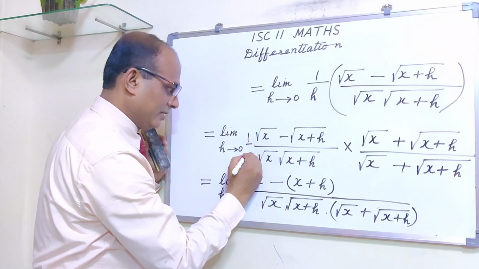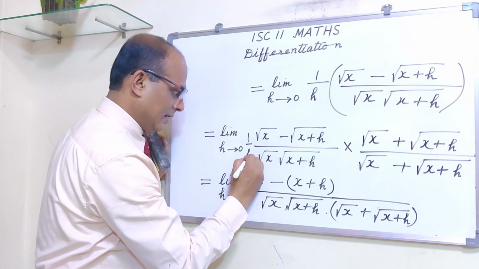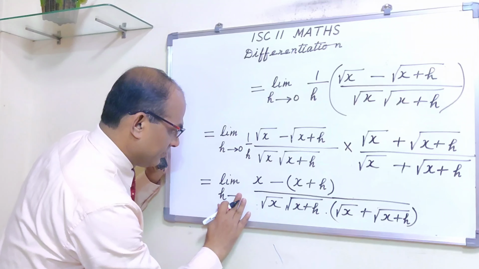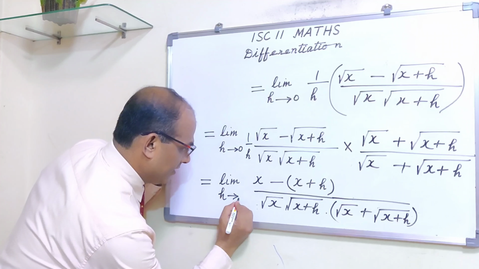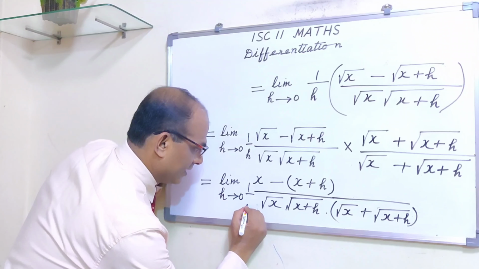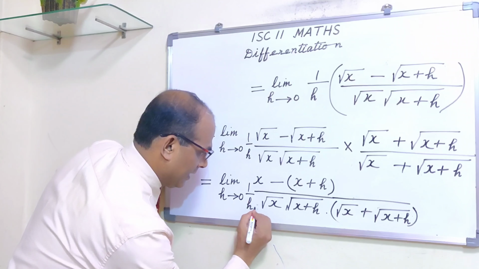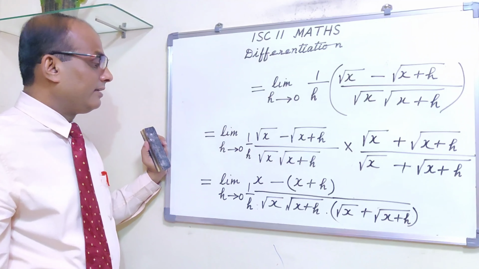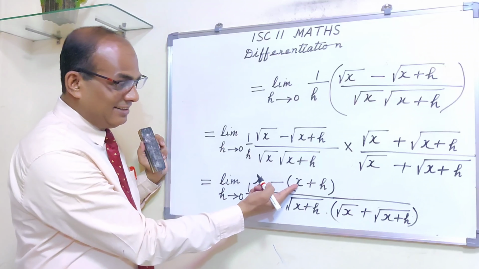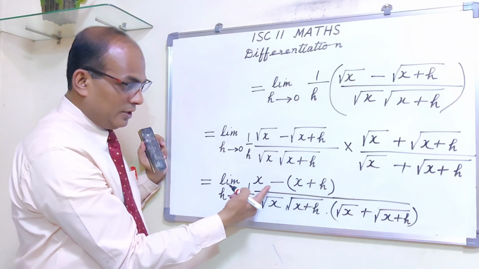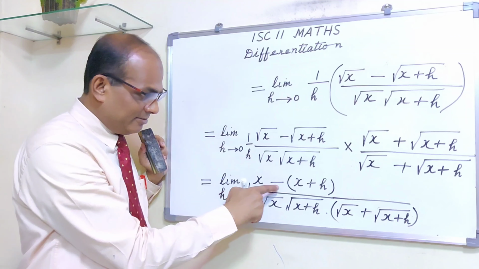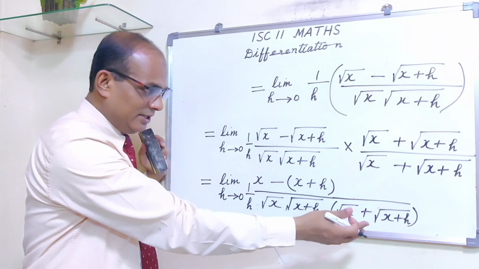That we forgot. 1 upon h here also, h tending to 0, and here 1 upon h. Fine. Now x minus h.